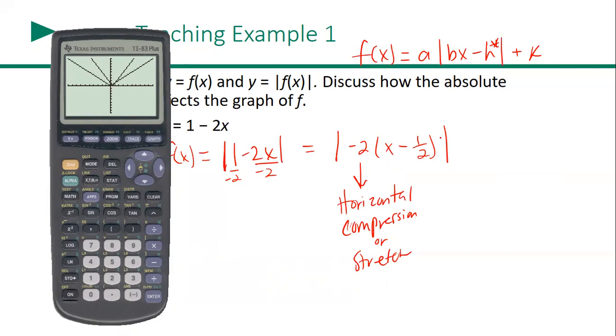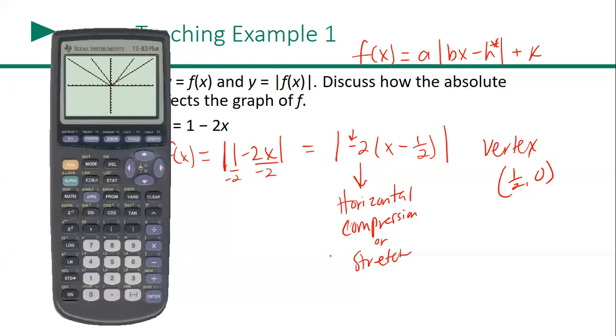And now if I ask you, where's the vertex? Your vertex is at 1/2, 0. But it was a horizontal compression. All right, now the next thing we got to make a change to is what?